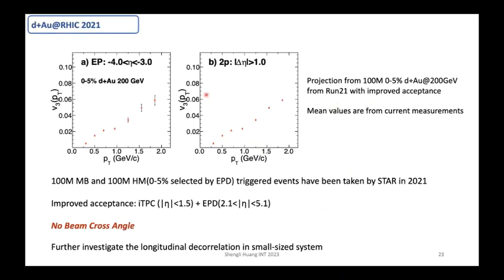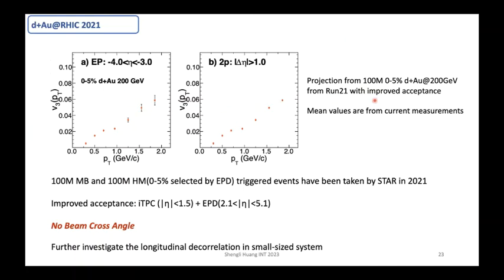To further resolve this puzzle, we took new data two years ago, in 2021. This is a projection from the 100 million events we already took. With this 100 million events, we can do a very good measurement with both the PHENIX method and the STAR method.